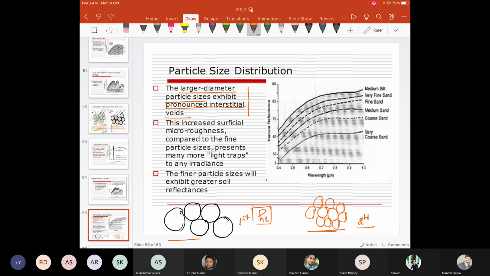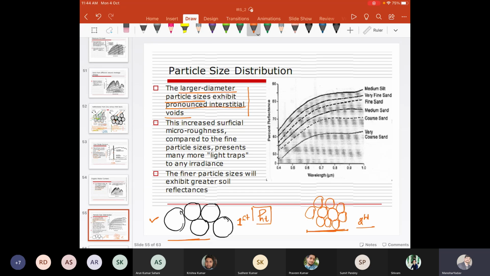Due to the small particle size, the surface is smoother, and if you analyze the surface, there is not enough gap to trap the energy. So what will happen?